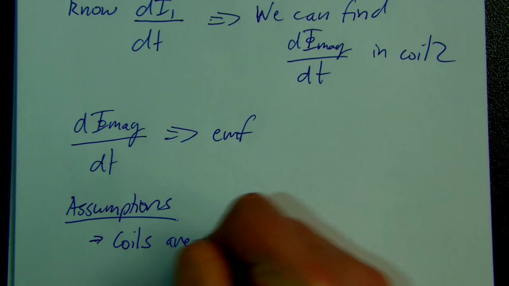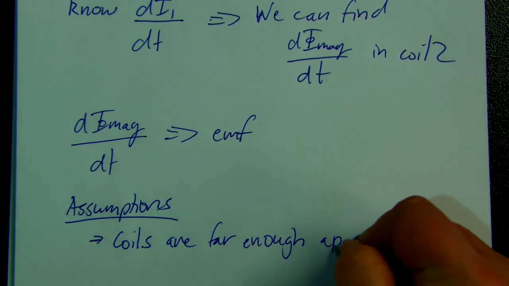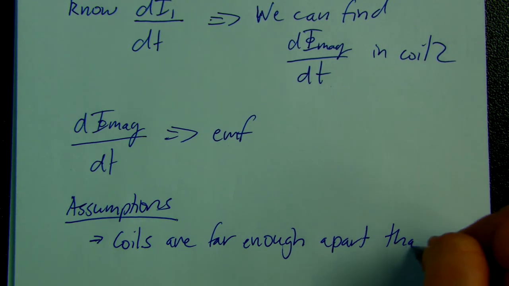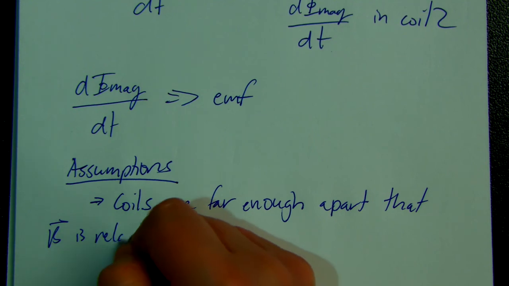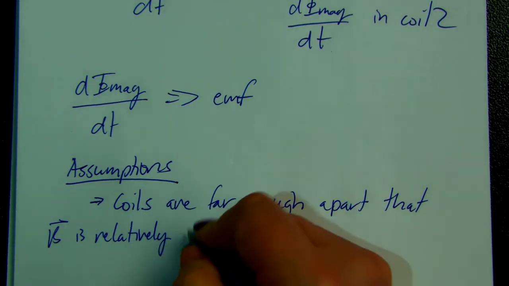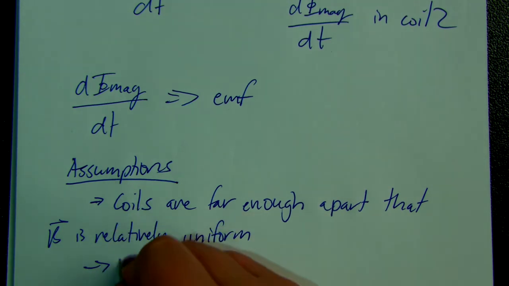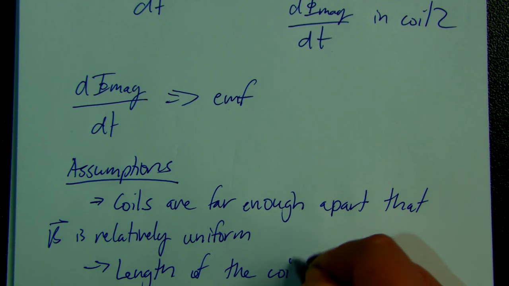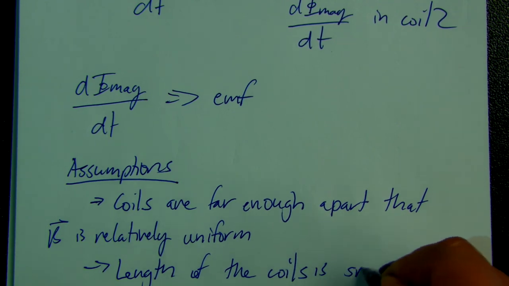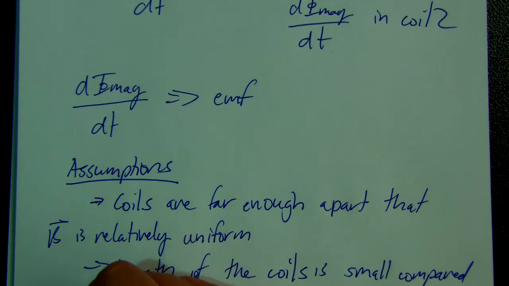Coils are far enough apart that the magnetic field is relatively uniform. And the length of the coils is small compared to the distance between them.